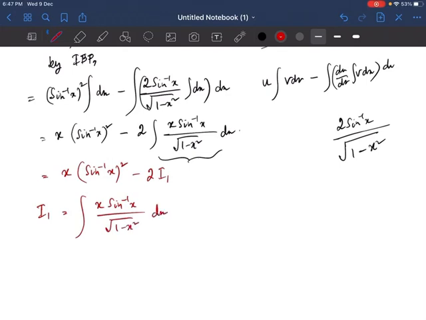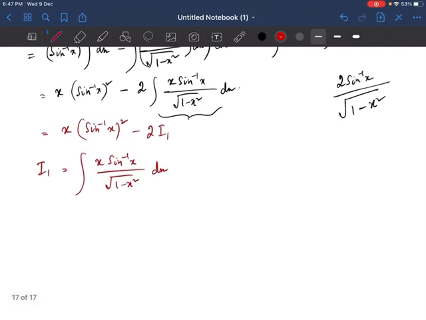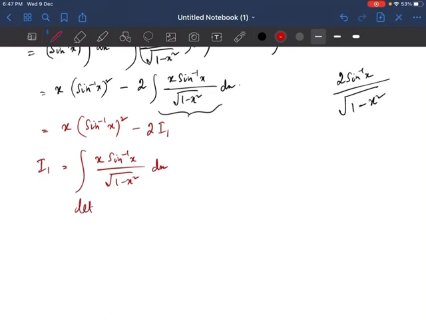I told you I will substitute sine inverse x as t. So let sine inverse x equal t. From this substitution, we can conclude that x is equal to sine t. So I will differentiate this and you see what you get.